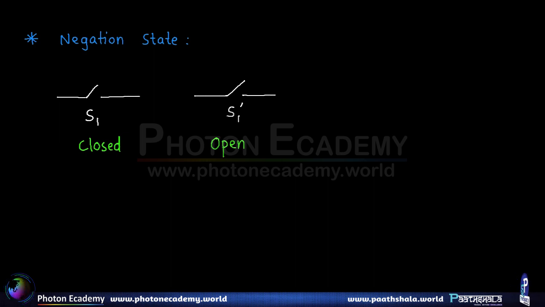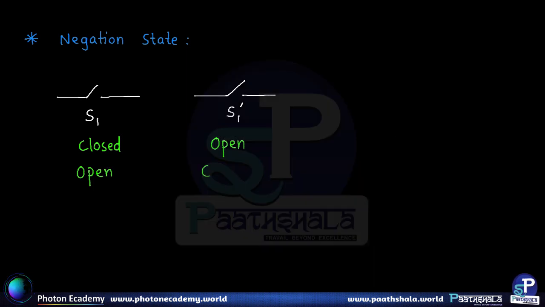Okay, so these two are always in the opposite states. When S1 becomes open, then S1 dash will automatically become closed. So if you represent S1 with P, then clearly S1 dash will be nothing but negation of P. So that's the meaning of negation state.